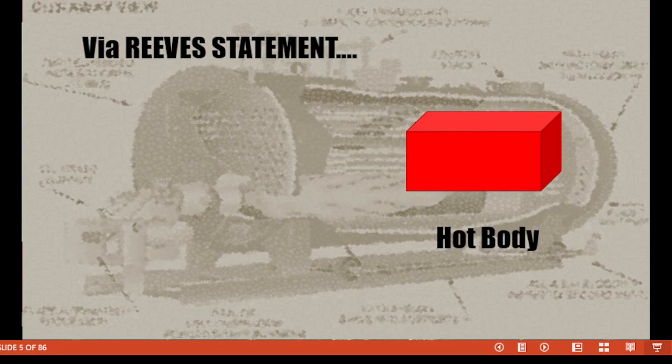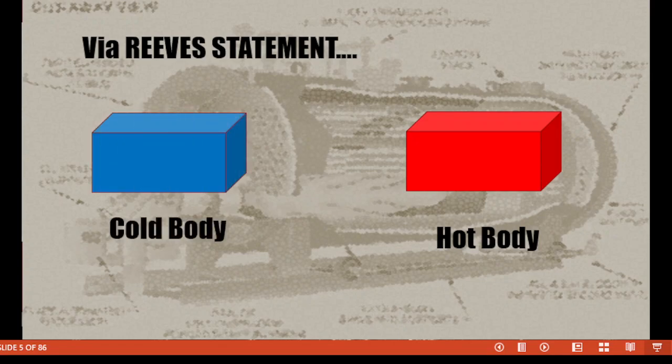So once again, if we refer to the statement provided by Reeves, it means we have two or more thermally differing bodies. Let's say for example, we have two thermally differing bodies, a hot body and a cold body.